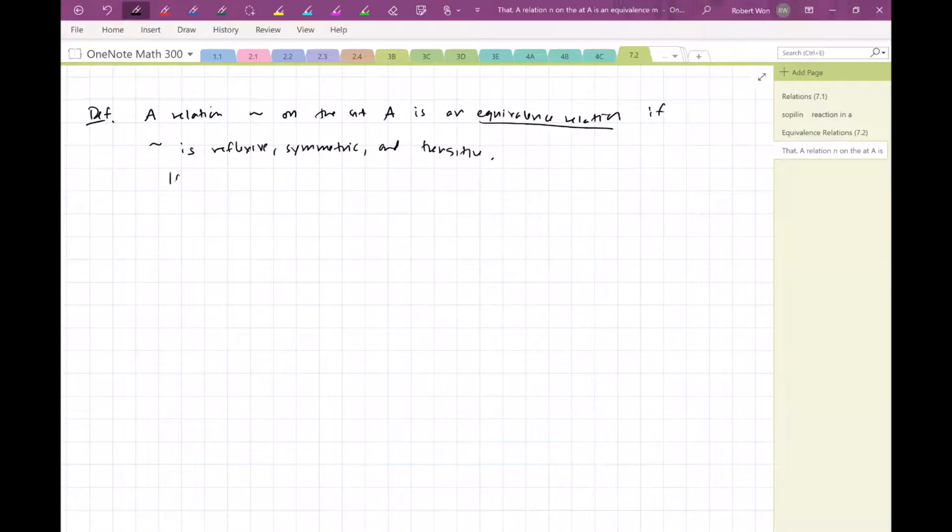In this case, if (a, b) is in the relation, we sometimes say that a is equivalent to b, if it's an equivalence relation.